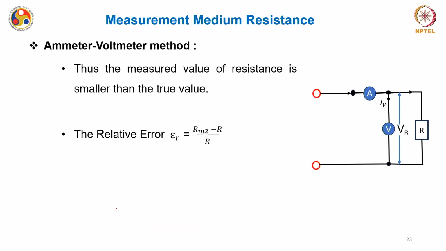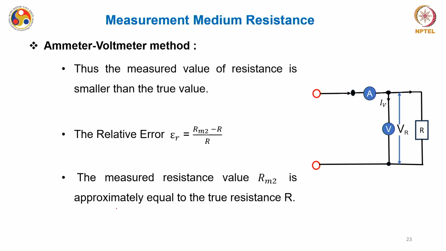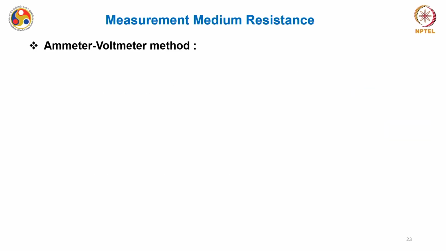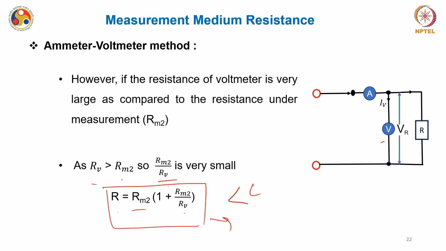So the measured value of resistance is smaller than the true value in this case. If I have to find the relative error, it will again be RM2 minus R divided by the unknown resistor R, and I can express this as a percentage, okay. The measured resistance value RM2 is approximately equal to the true resistor, and we have seen the true resistor value is equal to RM2 into 1 plus RM2 by RV.